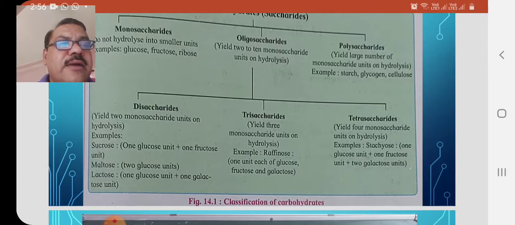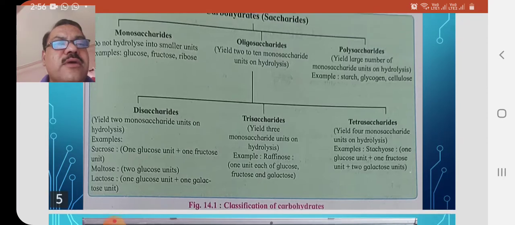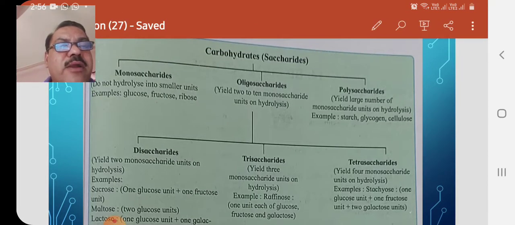Similarly, a tetrasaccharide example is stachyose, which on hydrolysis gives 1 glucose, 1 fructose, and 2 galactose units. So this is the classification of carbohydrates, which is already given in your textbook.